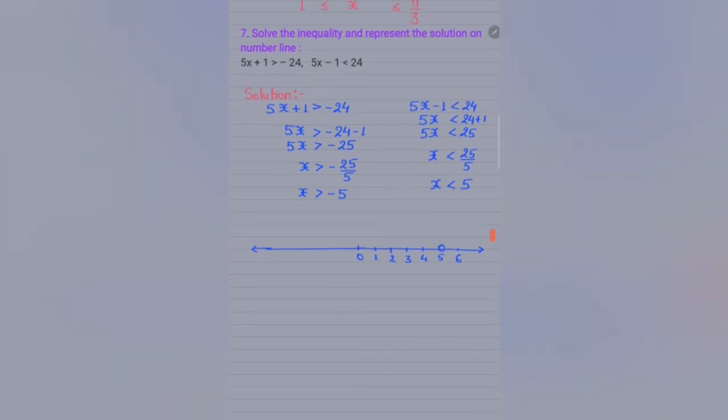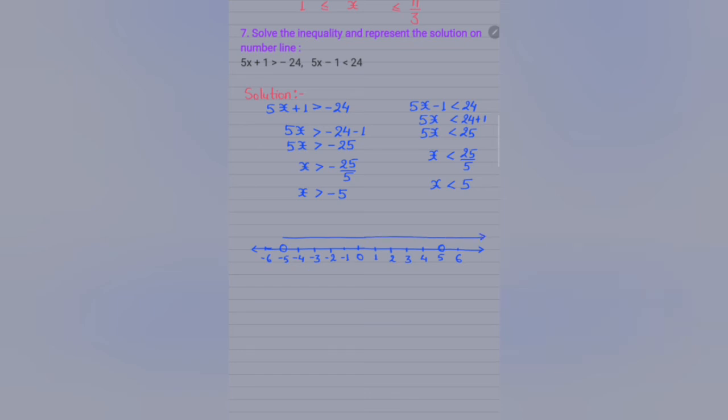On the left hand side minus 1, minus 2, minus 3, minus 4, this is minus 5 and then minus 6. The value of x is greater than minus 5, that is to the right hand side. Solution is to the right hand side.